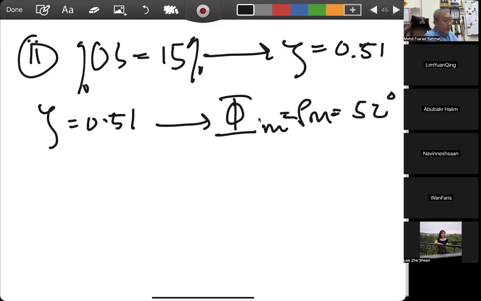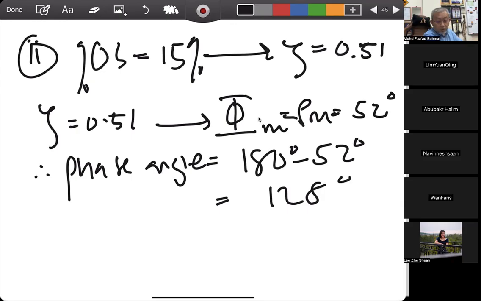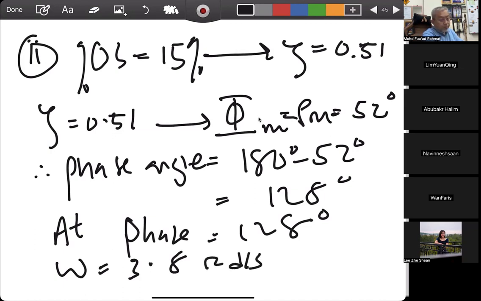So that's why phase angle is 180 degrees minus 52 degrees, 128 degrees. Okay. So at phase 128 degrees, omega is 3.8 radian per second.